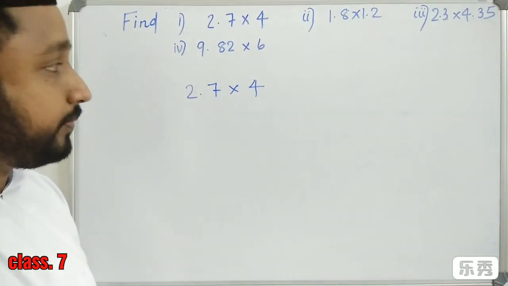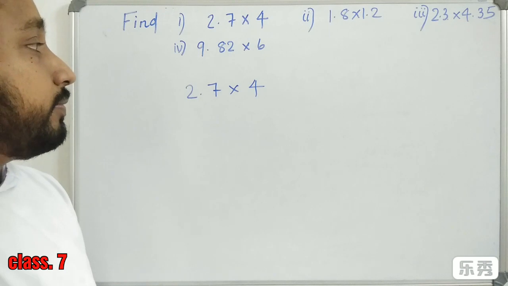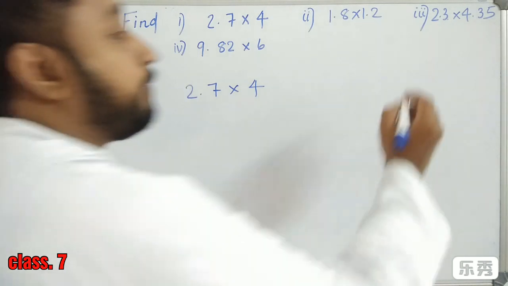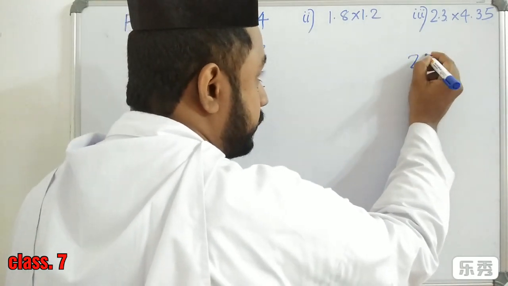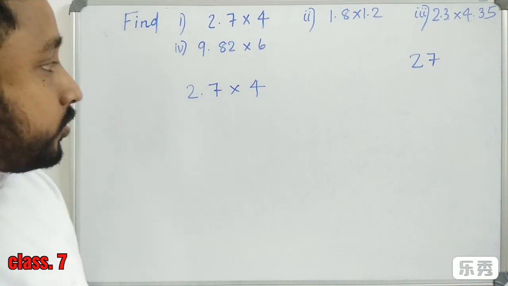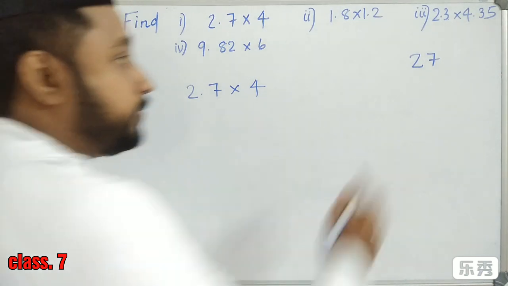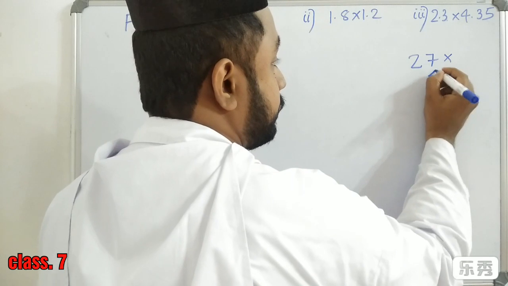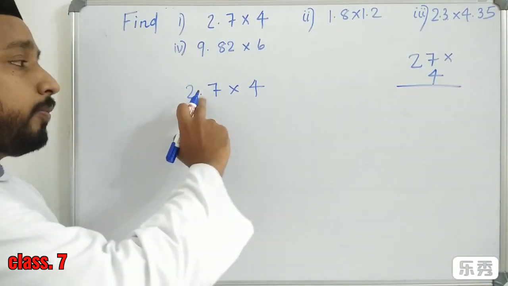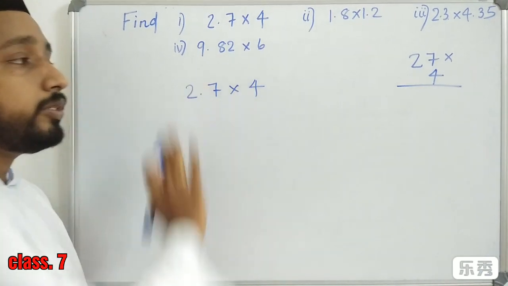The rule is so simple. 2.7 into 4, which means we write 2.7 without the decimal point, we write 27. So 27 into 4. First we calculate without decimal points, we multiply. That is 27 into 4.